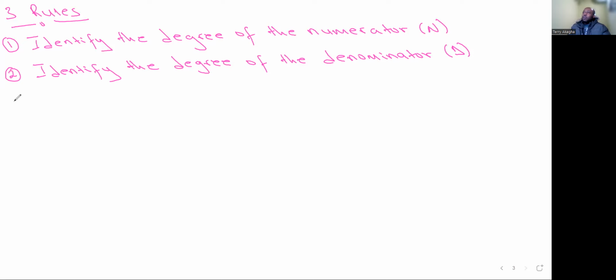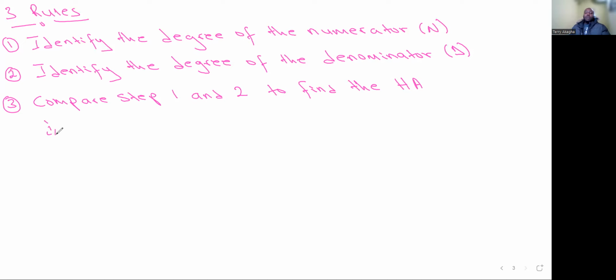Now step 3, which is the most important part, is that you then compare step 1, the degree of the numerator, and step 2, the degree of the denominator, to find the horizontal asymptote.